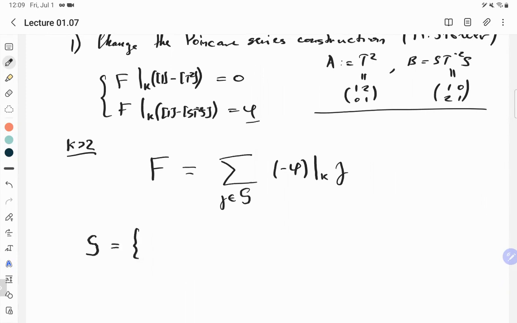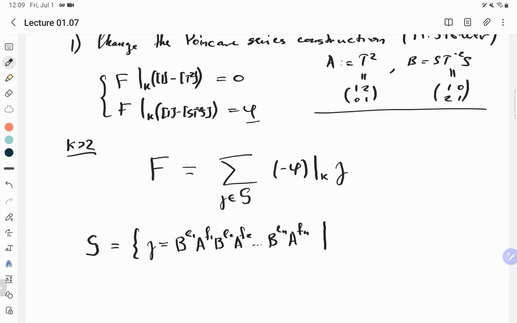So it's a set of matrices of the form, you can describe it in words: B to some power e1, then A to some power f1, then B to some power e2, A to the power f2, and so on, and you end with B to the power en, A to the power fn.